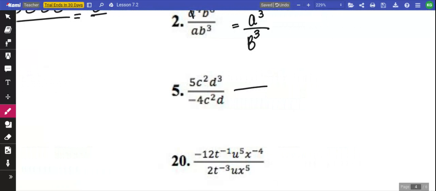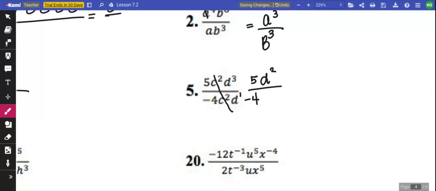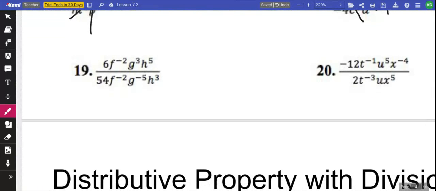Number 5, first thing I do is check, does 5 over negative 4 divide into a whole number? And it does not. My C's cross out. There's 1 D on the bottom and 3 on the top, and so when I reduce them, I have 2 left on the top. Number 19, I check 6 over 54 does reduce to 1 over 9.